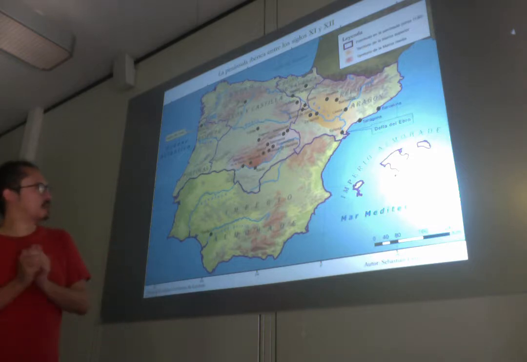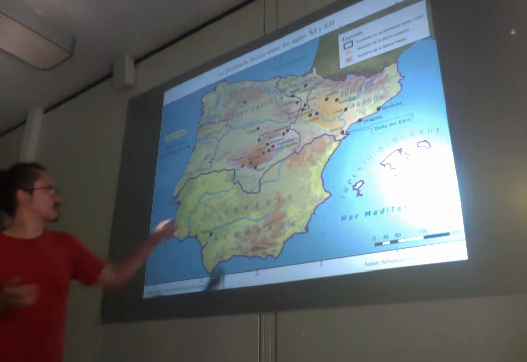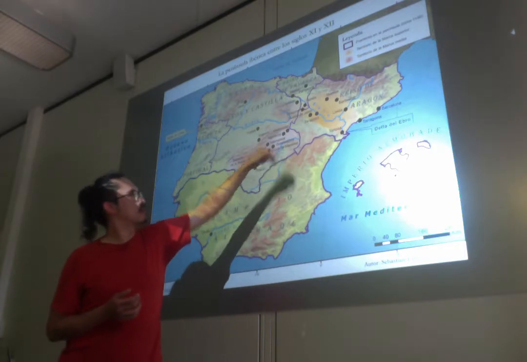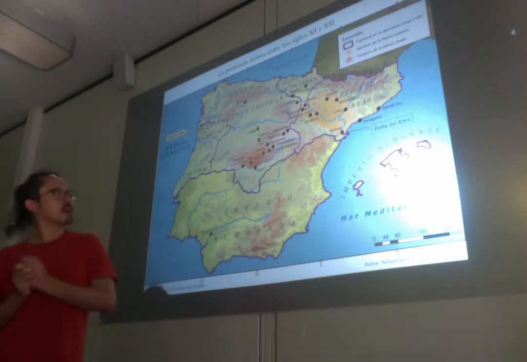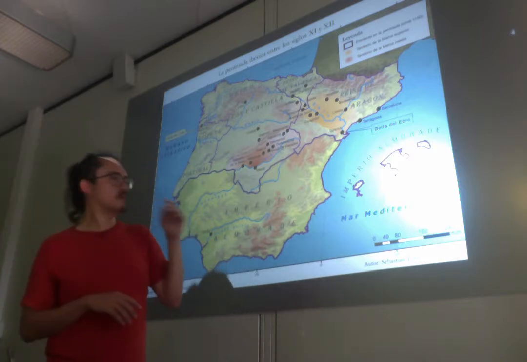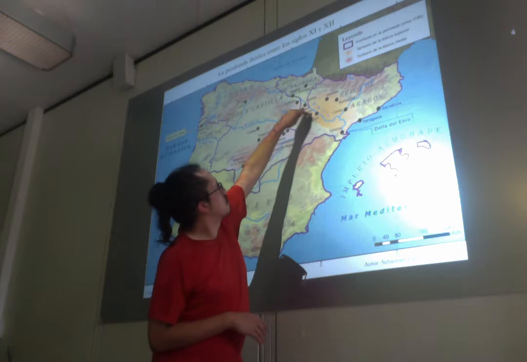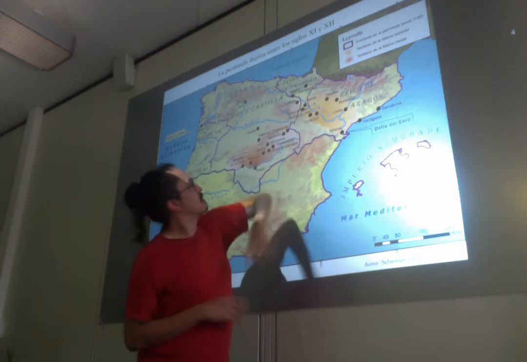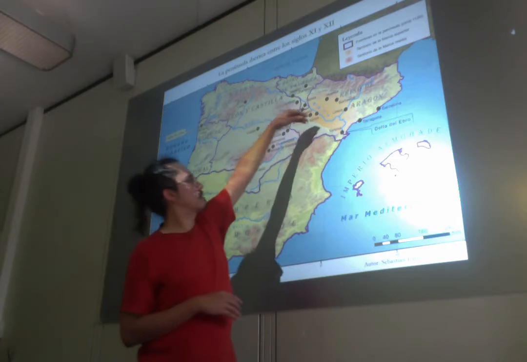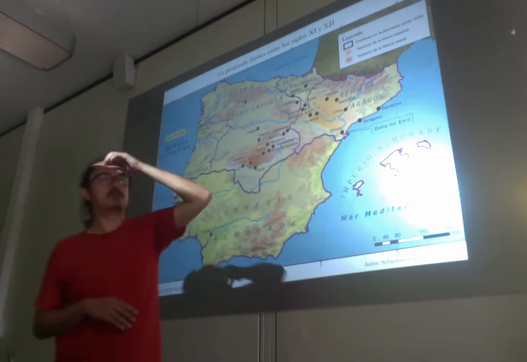The middle border, Thagher al-Awsat, was marked by the Rio Tajo, and the upper border, Thagher al-A'la, was the division marked by the Ebro River.